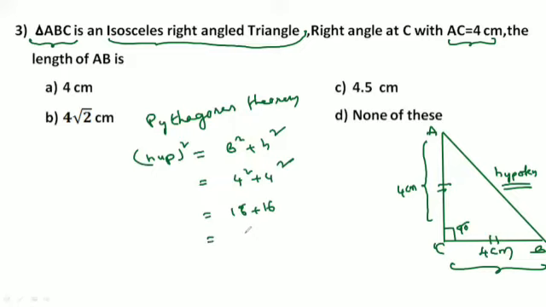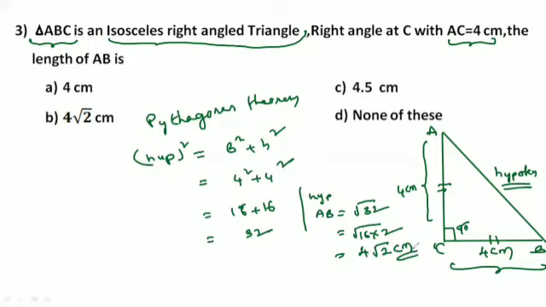So we get here 32. Now hypotenuse, which is AB, is equal to root 32. Now this root 32 we can write as root of 16 into 2. Now, children, what is the square root of 16? That is 4. So 4 root 2 centimeters.